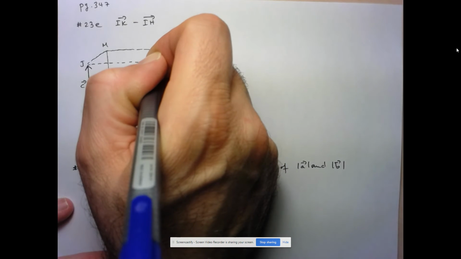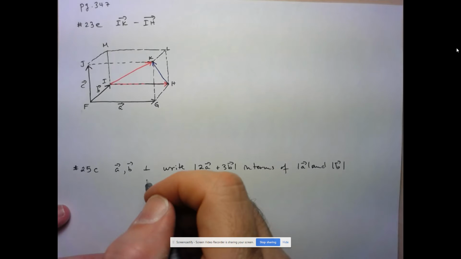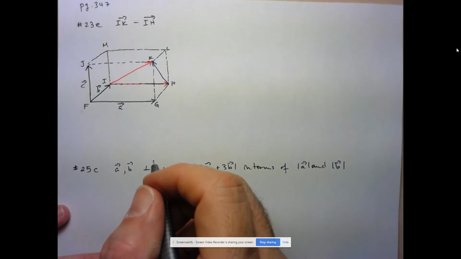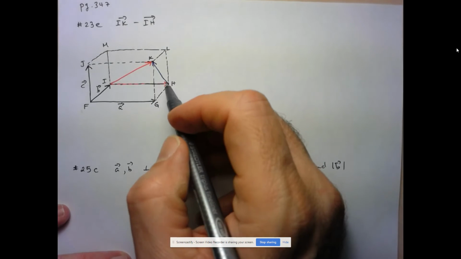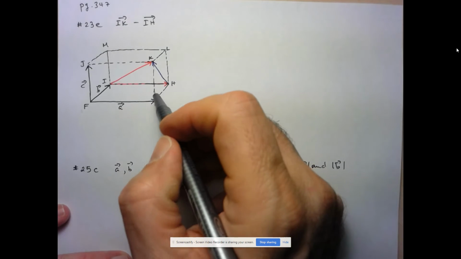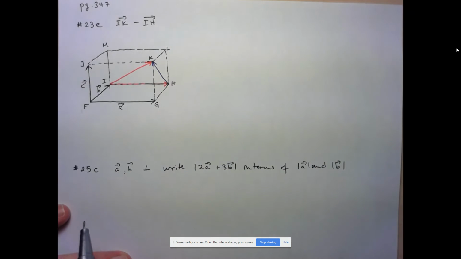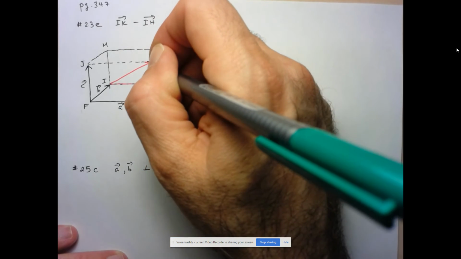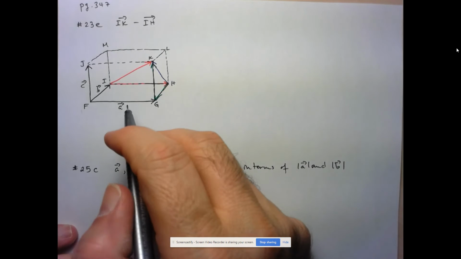So this is the vector we're looking for, except we want to write it in terms of A, B, and C. What I notice here is that this vector is going to be connected to the sides here, GH and GK. So let's see how we can do that. If I add this vector plus that vector, I'm going to get the vector I'm looking for, HK.